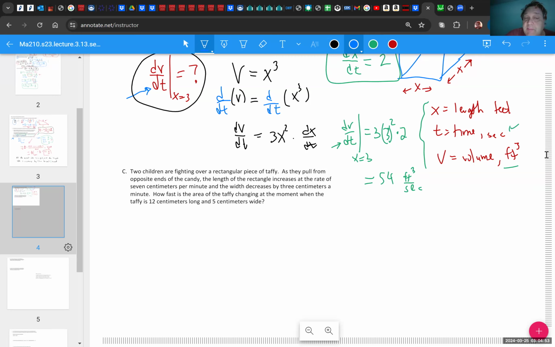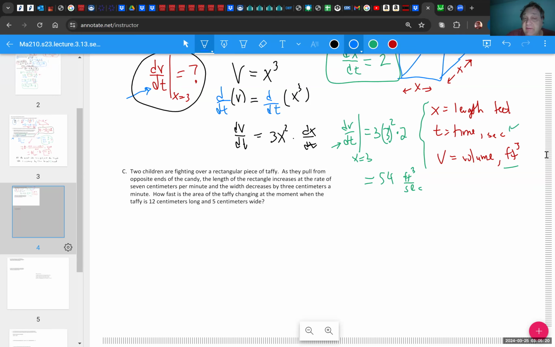As they pull from opposite ends of the candy, the length of the rectangle increases at the rate of 7 centimeters per minute, and the width decreases by 3 centimeters a minute. How fast is the area of the taffy changing at the moment when the taffy is 12 centimeters long and 5 centimeters wide?